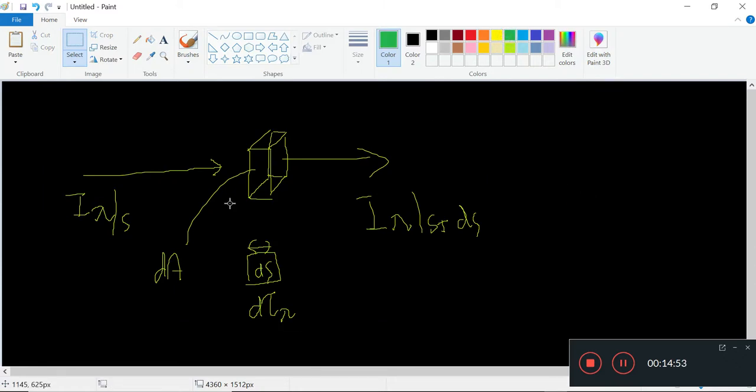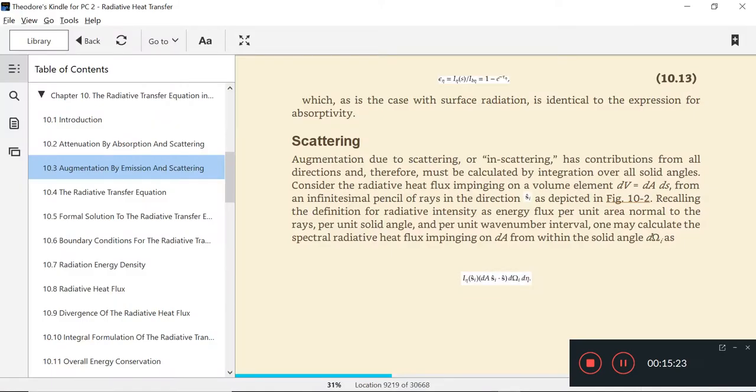Now let's consider the effect of radiation coming in. Again it's I lambda, but it's going in some direction j, and it happens to be scattered into this direction. So how do we start mathematically formulating things? Let's take a look at the textbook.